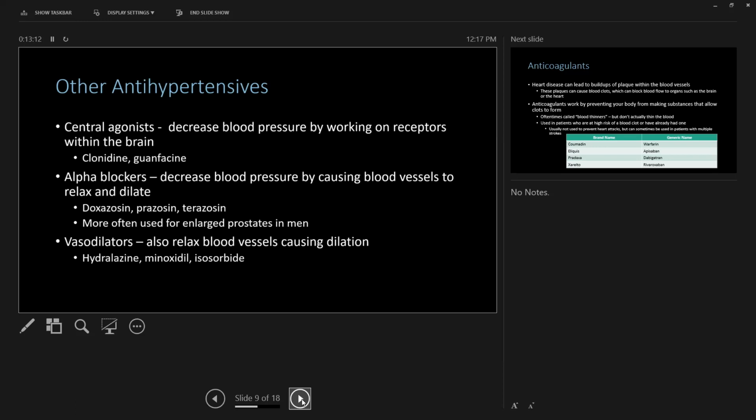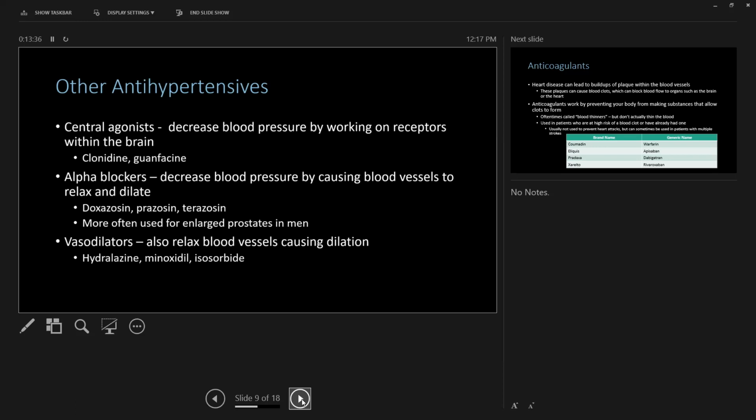The most commonly known drug here is going to be clonidine, an older medication, very effective at lowering blood pressure. Unfortunately, it does have to be taken 2 to 3 times a day. So not the best medication in terms of remembering to take it every few hours. It does come in a patch, which is just once a week.